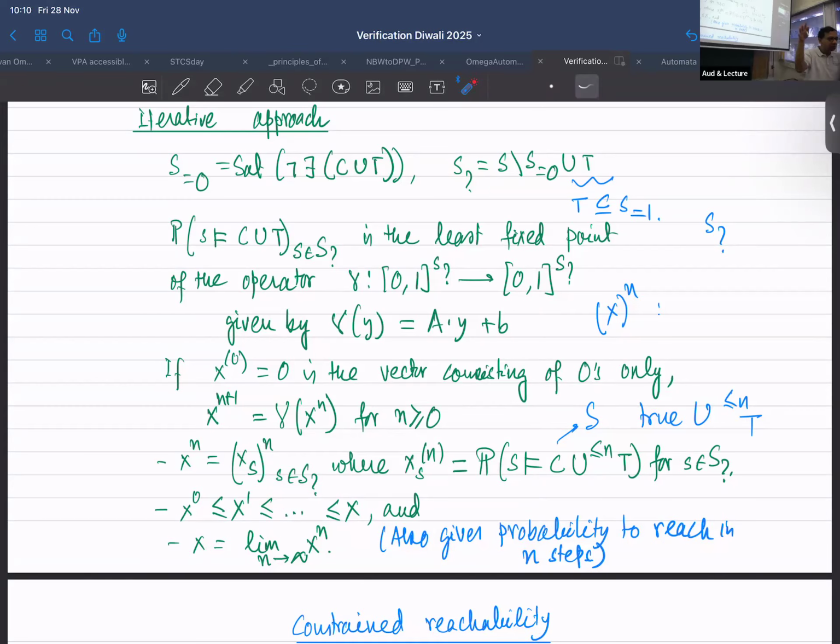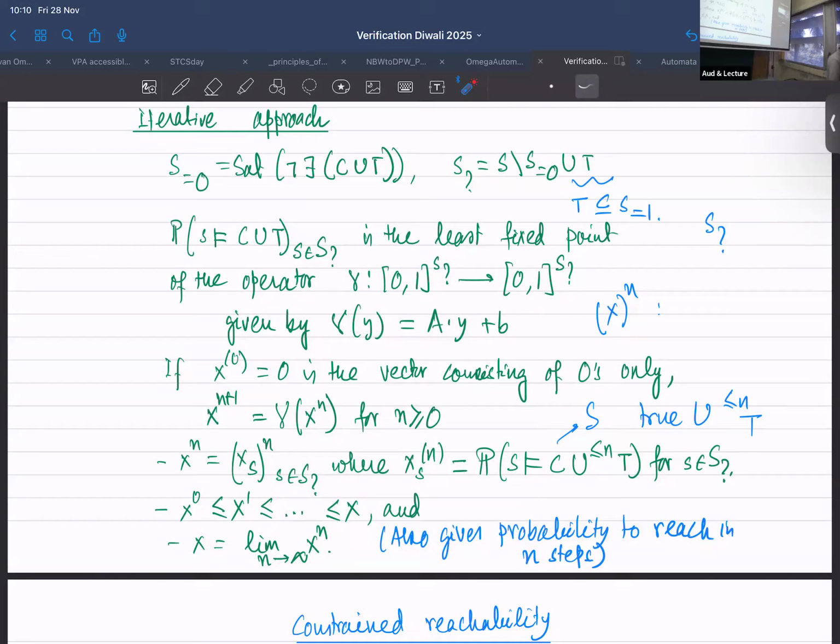Plus b, also include the 1. So you get in 1, 2, 3, 4 steps. It's not immediately clear why it should be less than or equal to n and not equal to n, but if you think a bit, you will be able to figure out that it's actually less than or equal to n steps in which you are reaching the target.